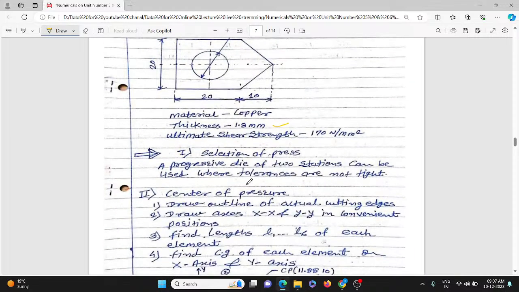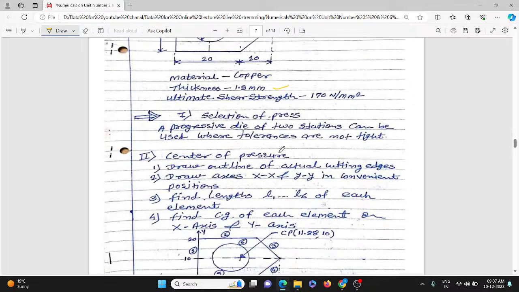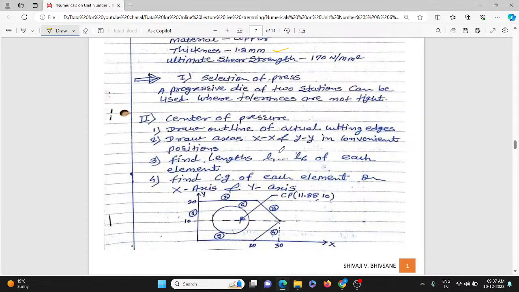The next step is to calculate the center of pressure. For calculating the center of pressure, again there is a procedure. This particular PDF I have already shared with you. The first step is to draw the outline of the cutting edges.